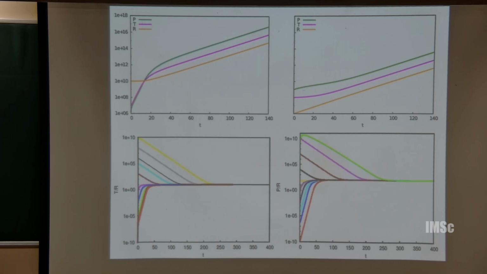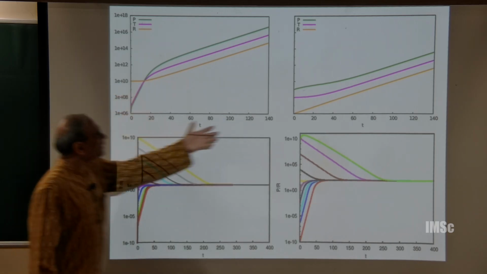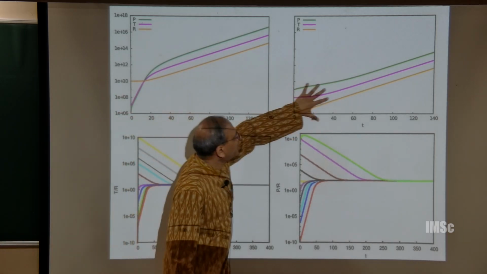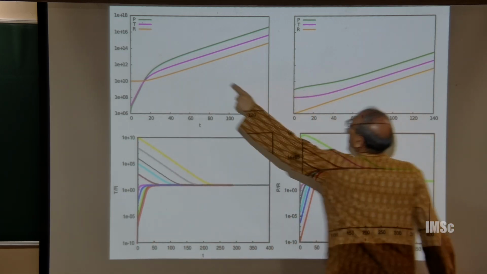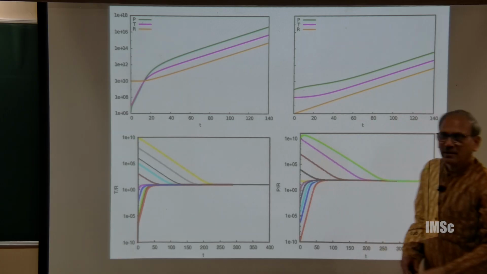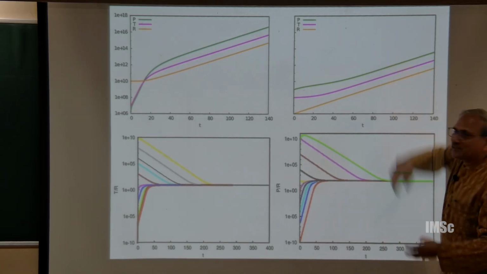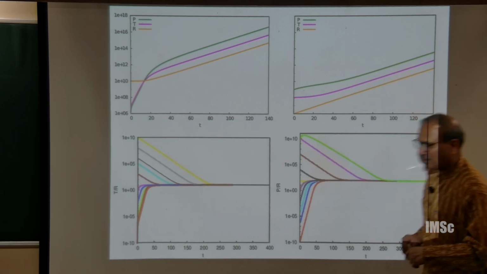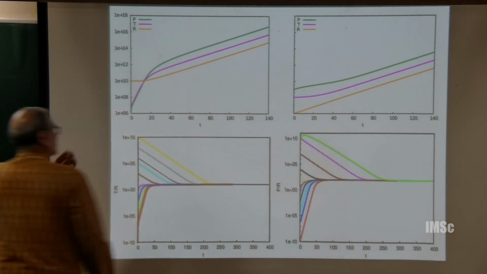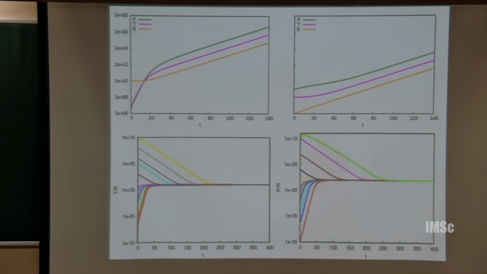So that's what happens. If you do it for any other initial condition, you have a different kind of a transient, but they all end up in exactly the same growth rate, with the same relative ratios as before. So that's what happens, and you see this exponential growth.